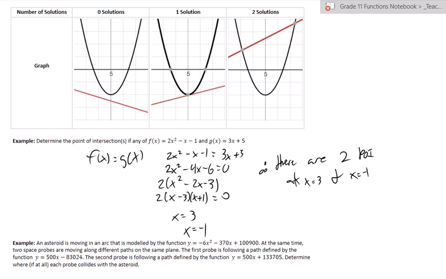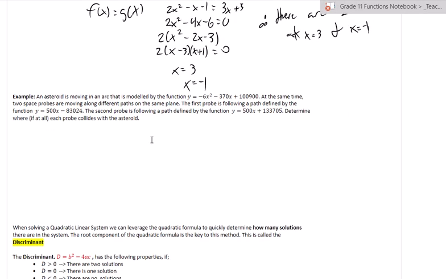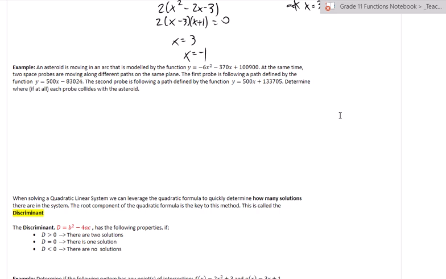However, it may not always be that nice and clean, as we look at the next example here. An asteroid is moving in an arc that is modeled by the function y equals negative 6x squared minus 370x plus 100,900. At the same time, two space probes are moving along different paths on the same plane.